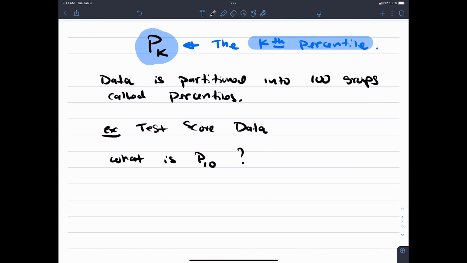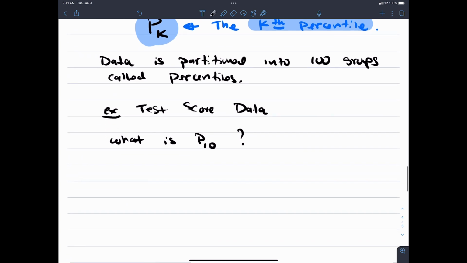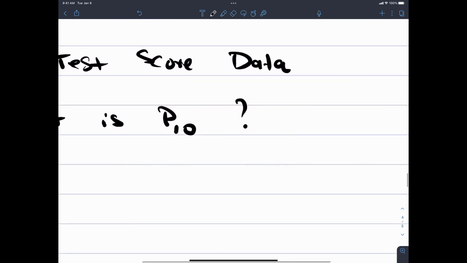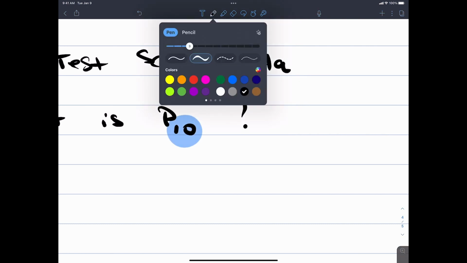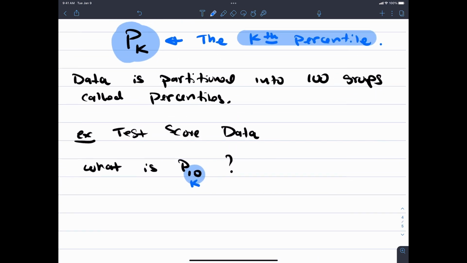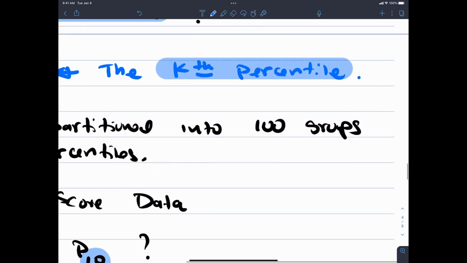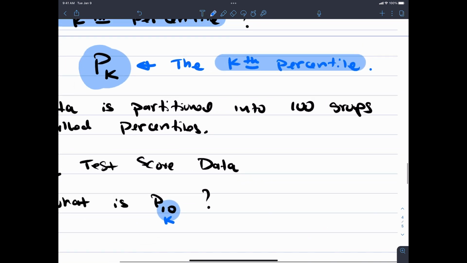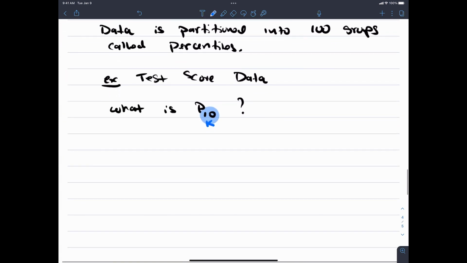If they give you that P with a subscript 10, what is that known as? This is my K value. K is 10. What's the meaning of P10? The 10th percentile. They're asking for the value that represents the 10th percentile.